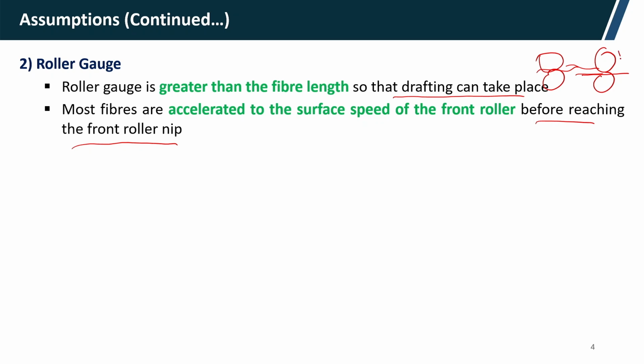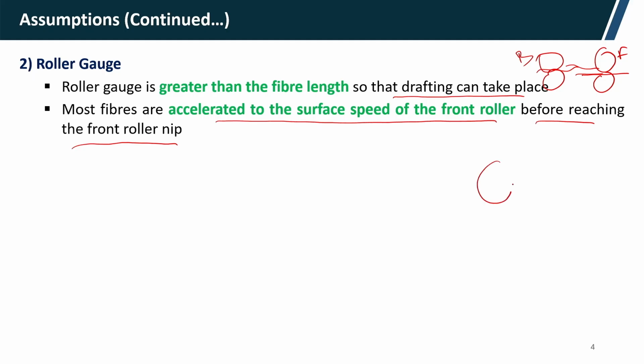But here it is assumed that fibers are accelerated to the surface speed of the front roller before reaching the nip.